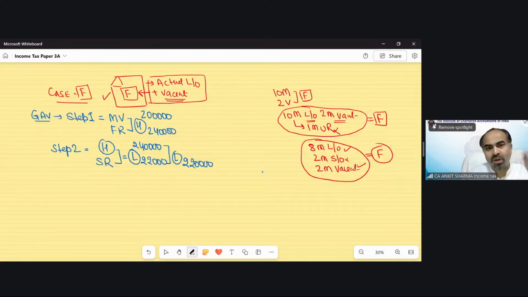So step number 1 and step number 2 are the same, no difference. Now the change is in step number 3. Step number 3 says this lower value we found from step number 2, what we call expected rent, 2,20,000.